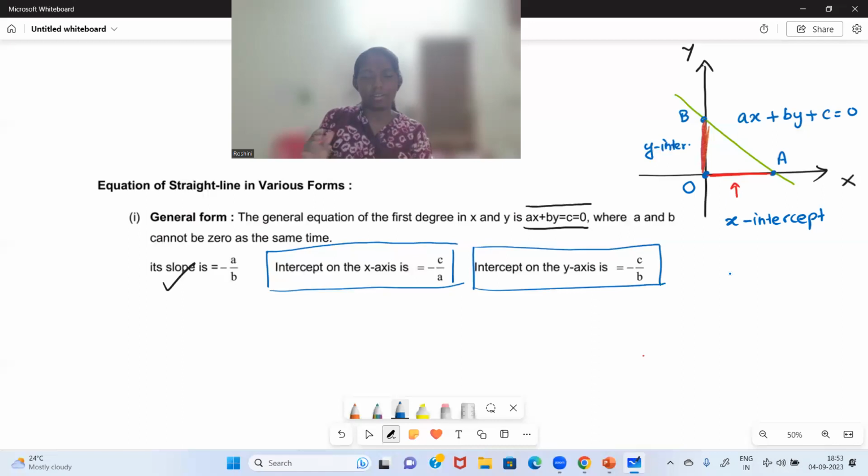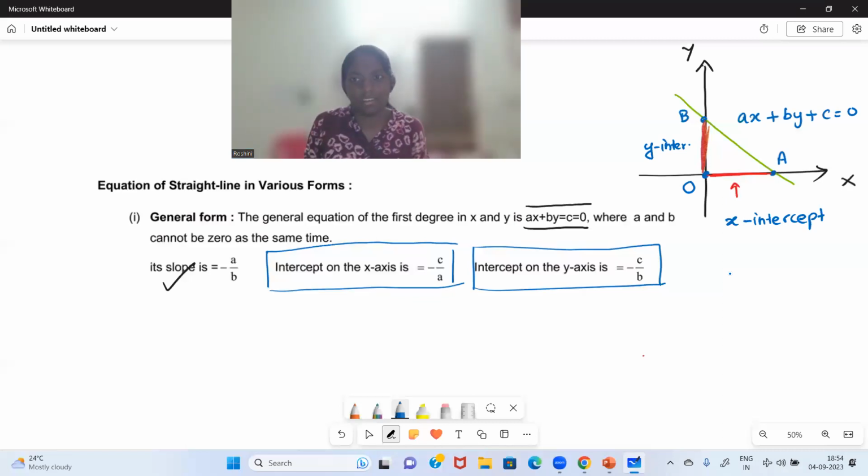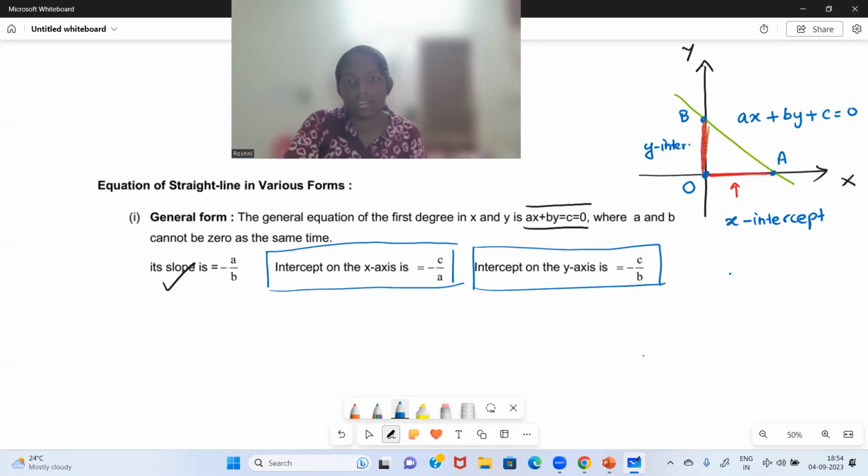A is the point where the line meets the x-axis, and then OA is called the x-intercept. The line meets the y-axis at the point B, and the distance of the point B from the origin is called the y-intercept. Very good. Excellent. Right. Okay.